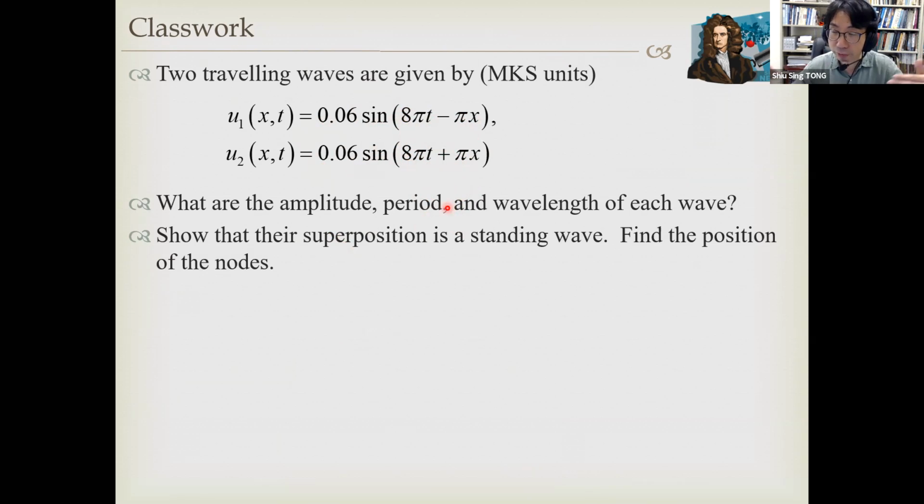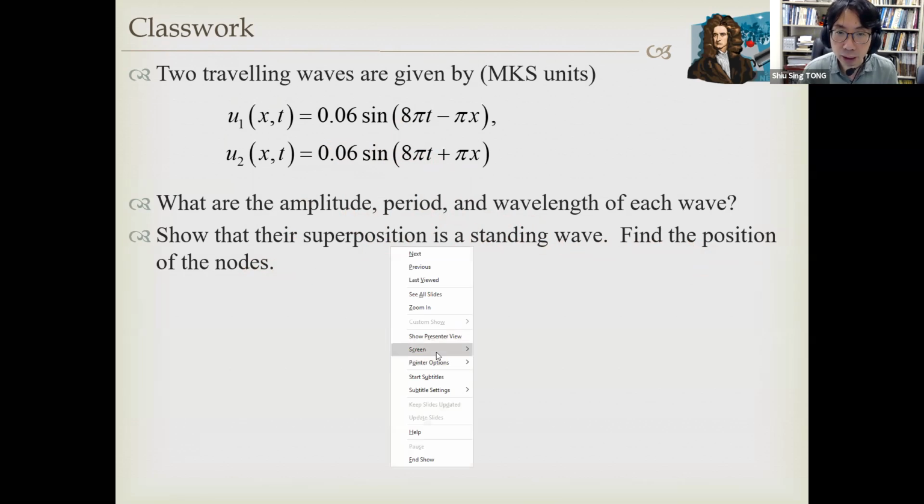So they represent waves traveling in opposite directions. When they have the same frequency, wavelength and amplitude, they form a standing wave. So I want to challenge you. Please work for 3 minutes to find the superposition, to find the standing wave, and also find the positions of the nodes only.